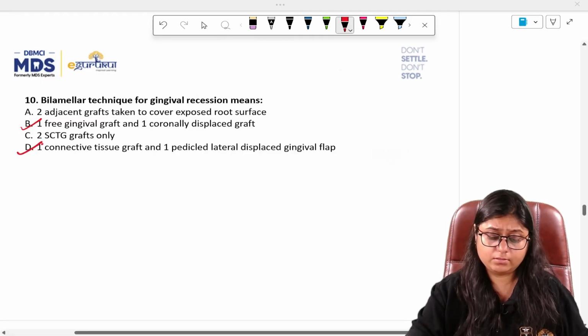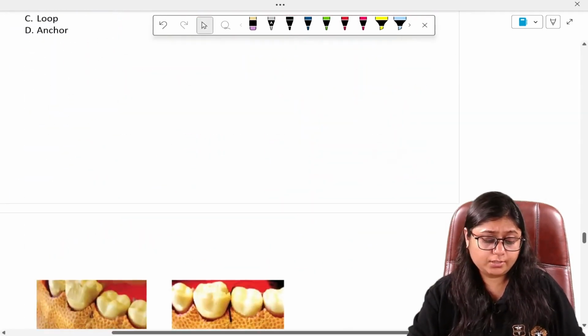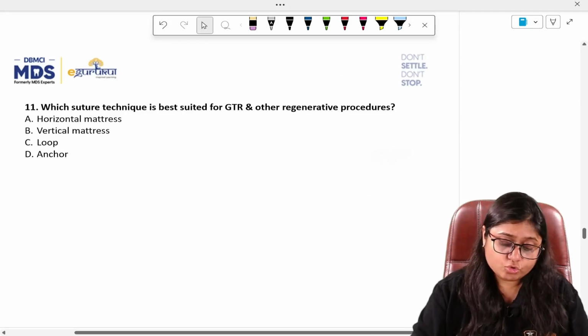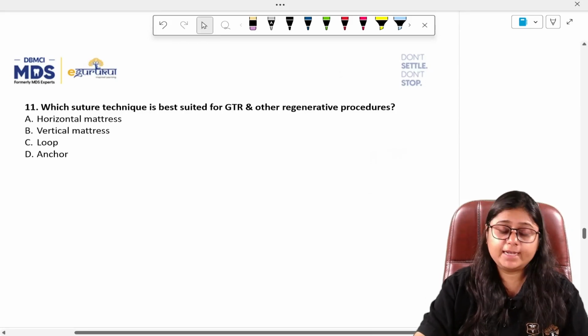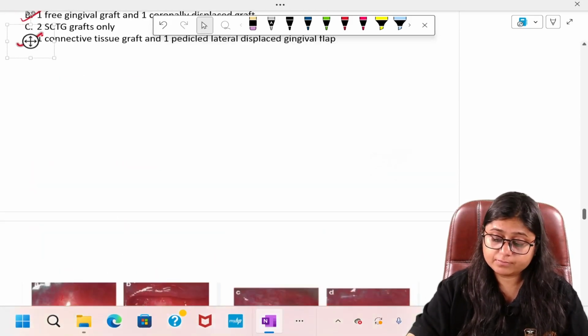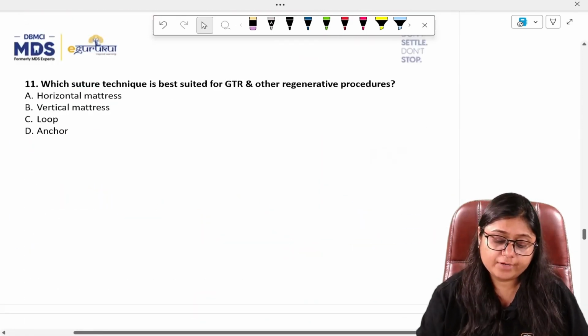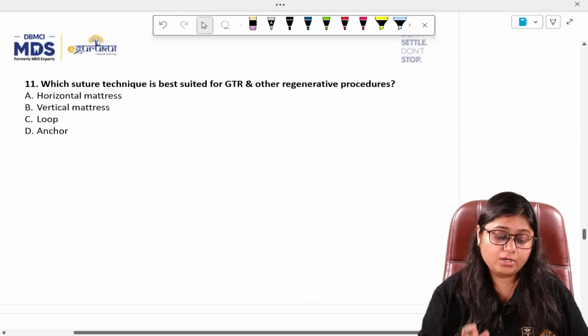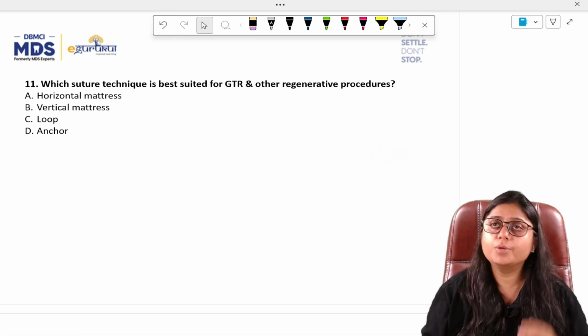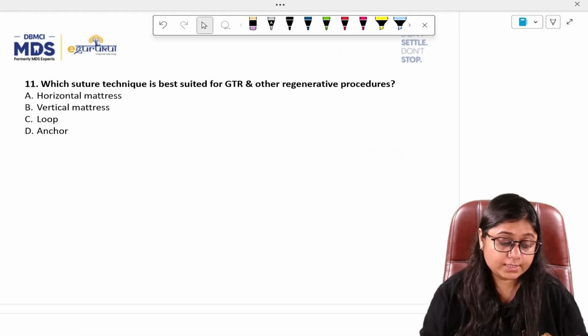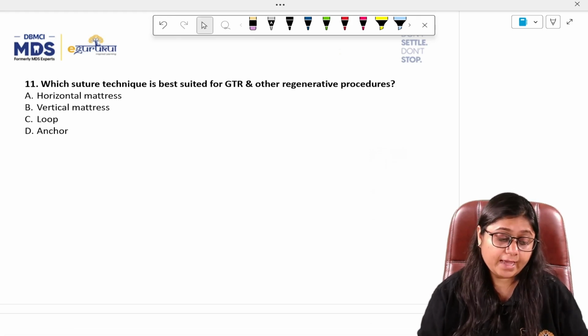Now the next question. Which suture technique is best suited for GTR and other regenerative procedures? Option A, horizontal mattress. Option B, vertical mattress. Option C, loop. And option D, anchor suture.